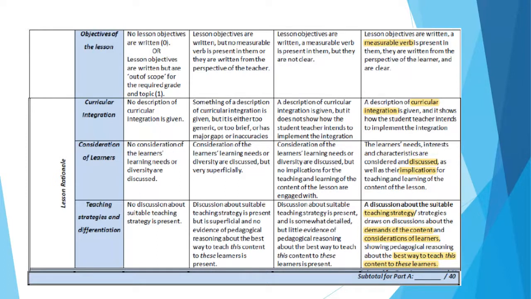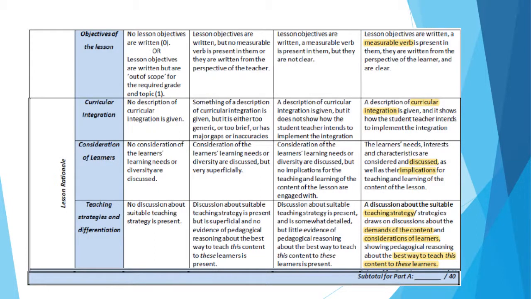Then teaching strategies and differentiation is section G. A discussion about the suitable teaching strategies draws on discussions about the demands of the content and consideration of learners, showing pedagogical reasoning about the best way to teach this content to these learners.